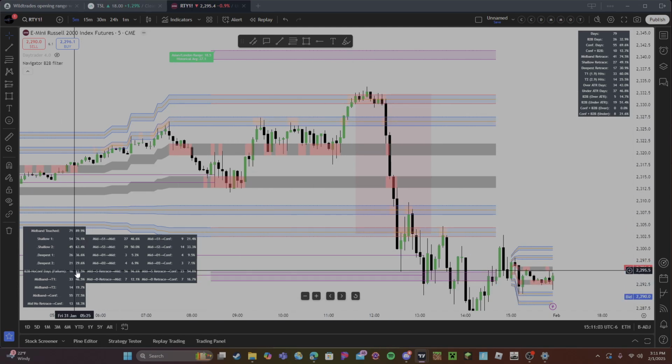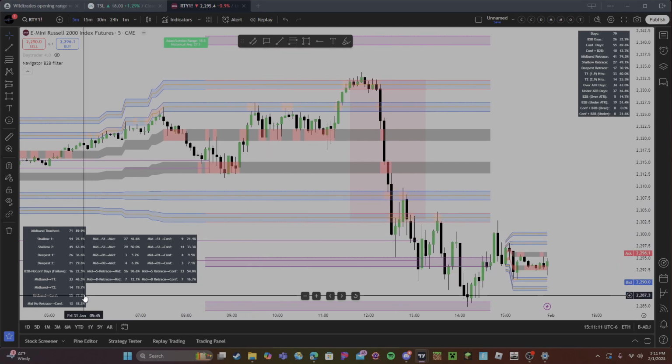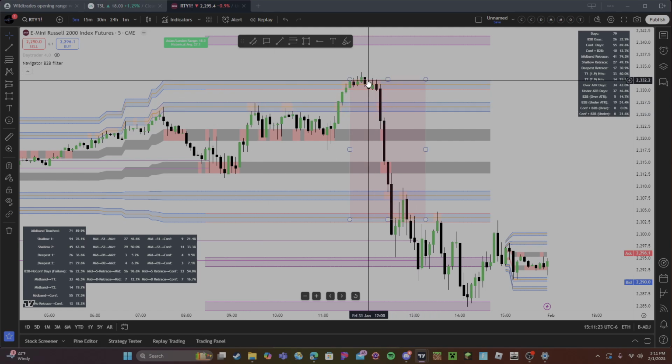Because that's telling us already out of 71 days, it's done that 16 days. Okay. We know that with a 77% chance right now, at some point we go from a midband touch to a confirmation. At any given point, this to this has happened 77% of the days.